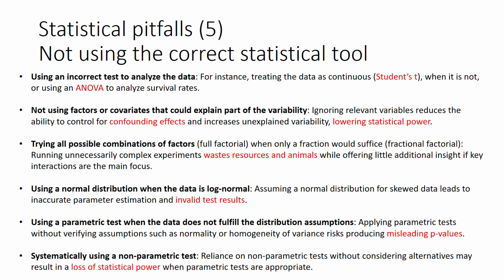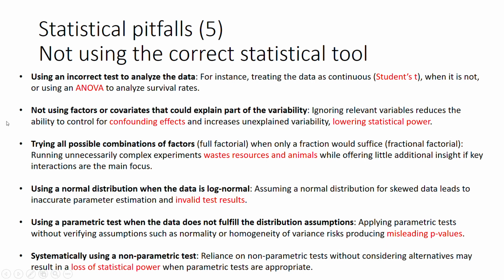Then you might have planned from the beginning to use an incorrect statistical tool. For instance, you may do a student t-test for non-continuous data, which doesn't make sense from the theoretical point of view. Or you may decide to use ANOVA to analyze survival rates, which again is not the right tool for that.